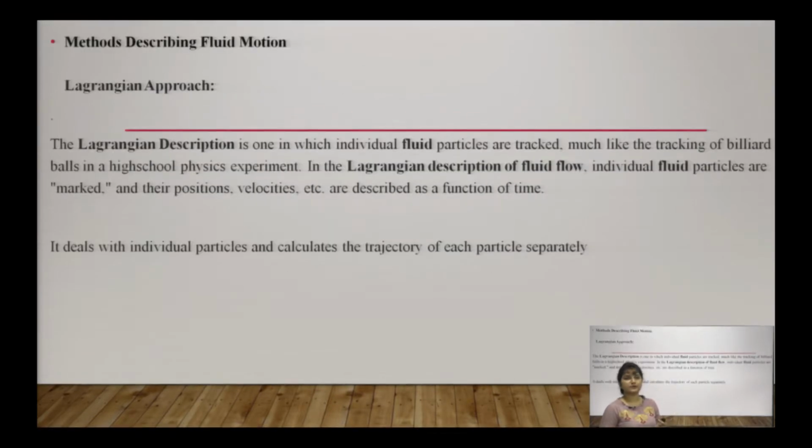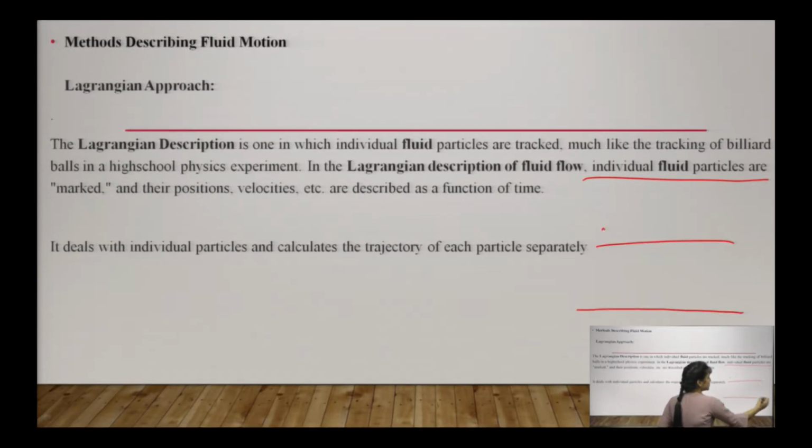If we focus upon the Lagrangian approach, then we see that it is an individual fluid particle which is being traced. That is, within a flow, a particular fluid particle is fixed and it is traced throughout its path. The moment the fluid particle comes over here, we calculate all the parameters like velocity, pressure, acceleration.